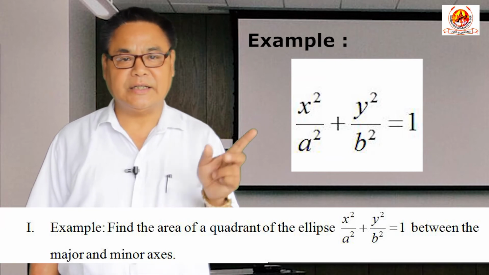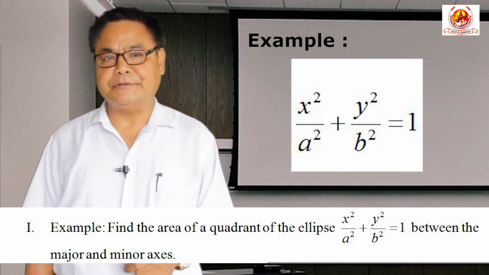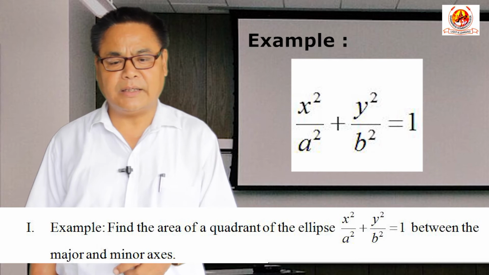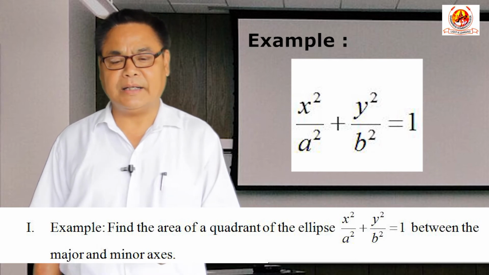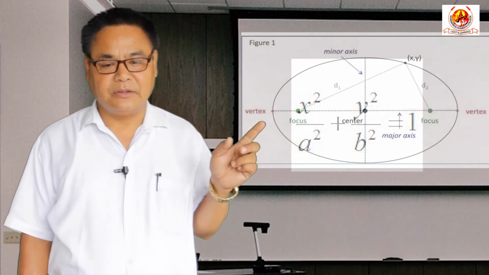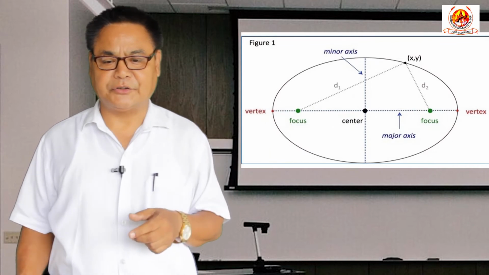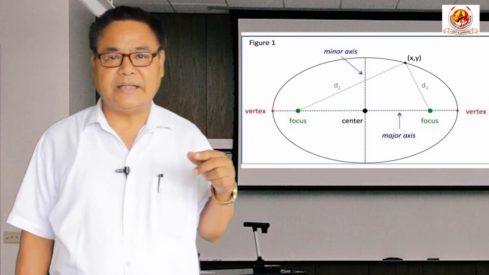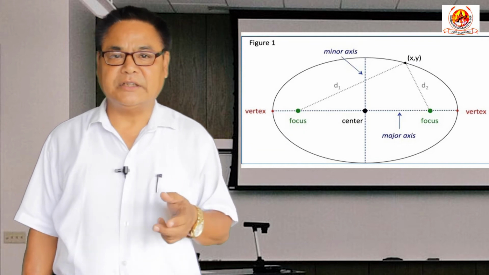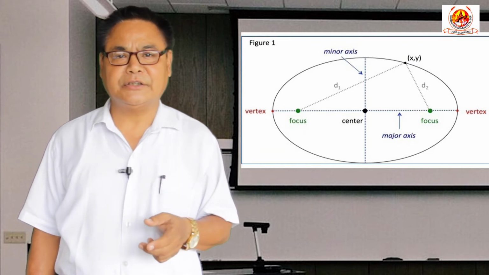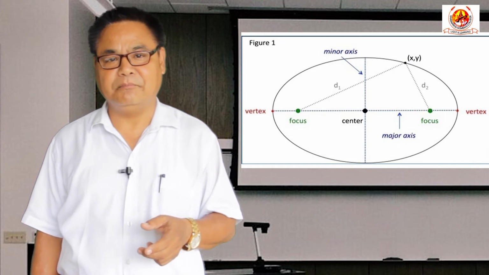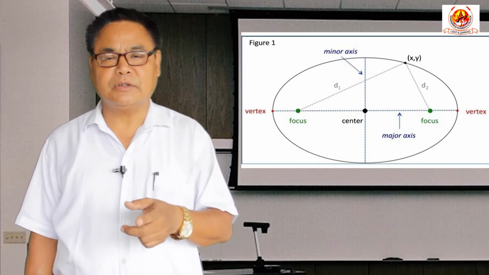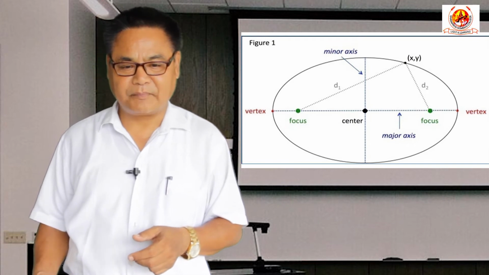The standard ellipse is, as I have given the equation here, x squared by a squared plus y squared by b squared is equal to 1, with the major and minor axes as the figure indicates. The major axis is represented by the x-axis and the minor axis by the y-axis. But the alternate method can also be applied in your case.